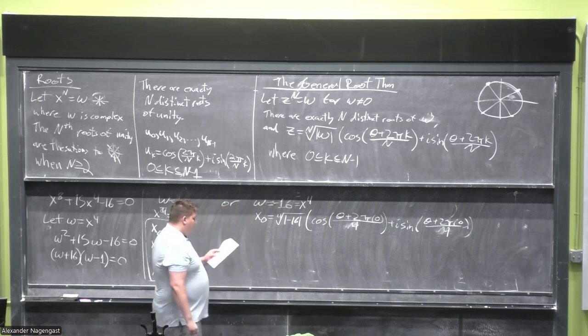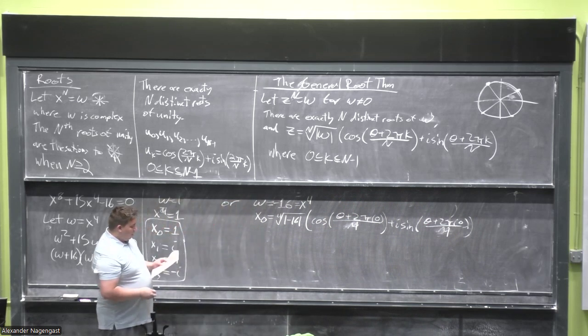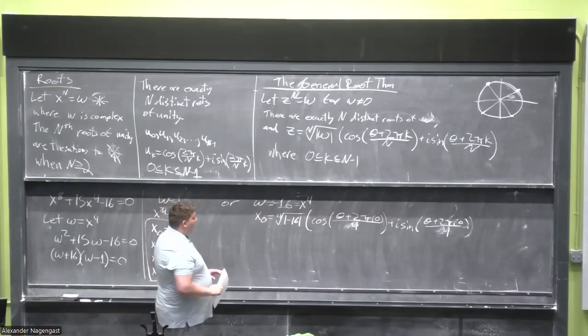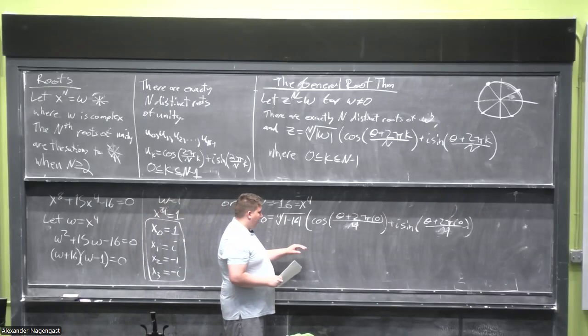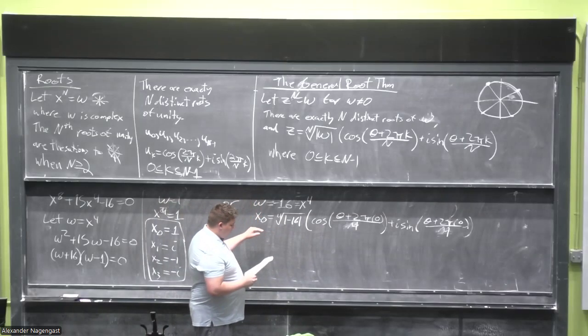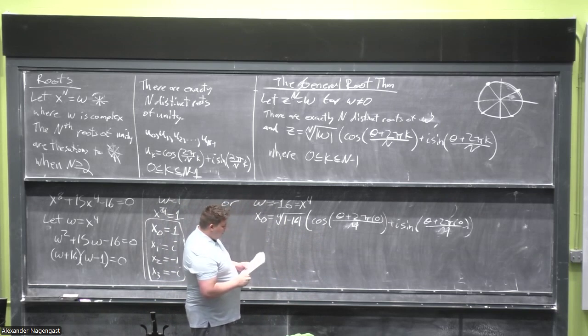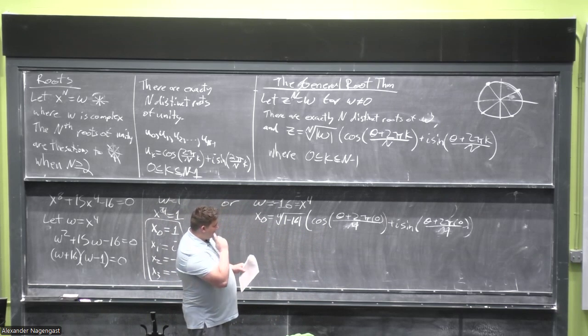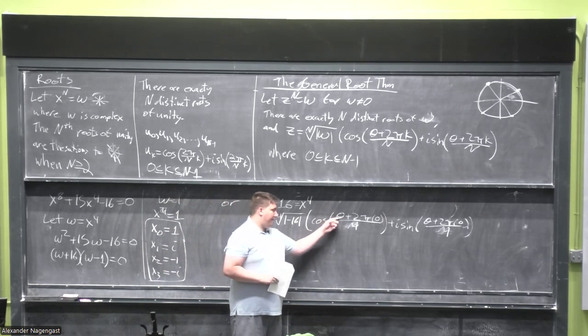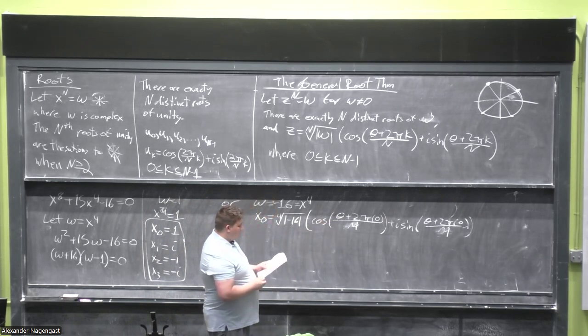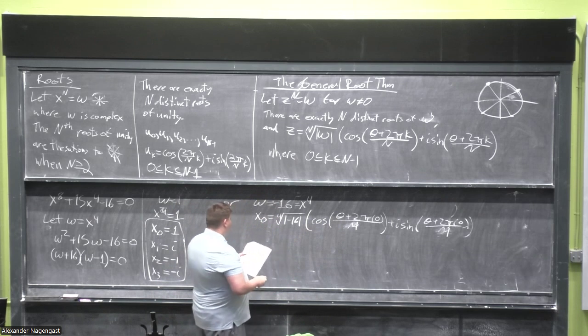And so now I do not want to have theta equaling 0, because if I do, I'm going to have a trivial root. Instead, what I want to do is let's have theta equal something easy. So let's do pi.